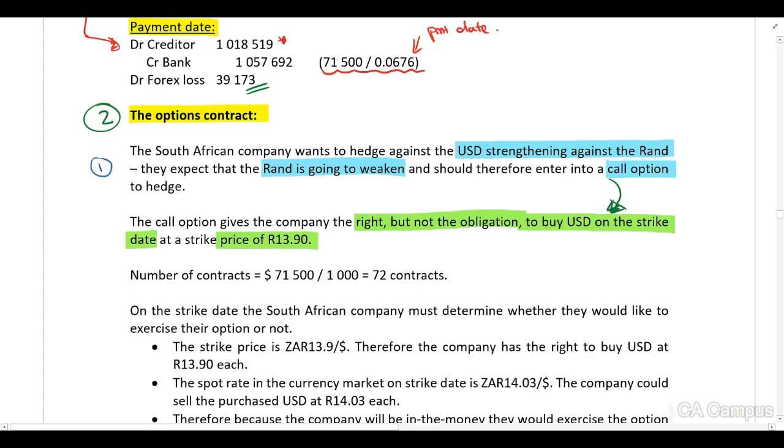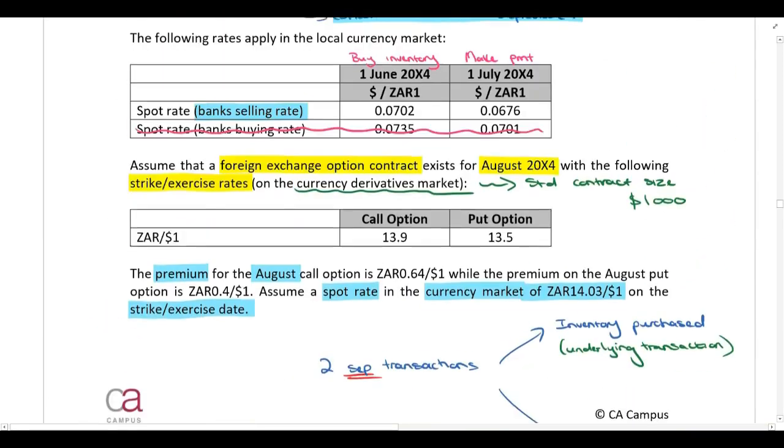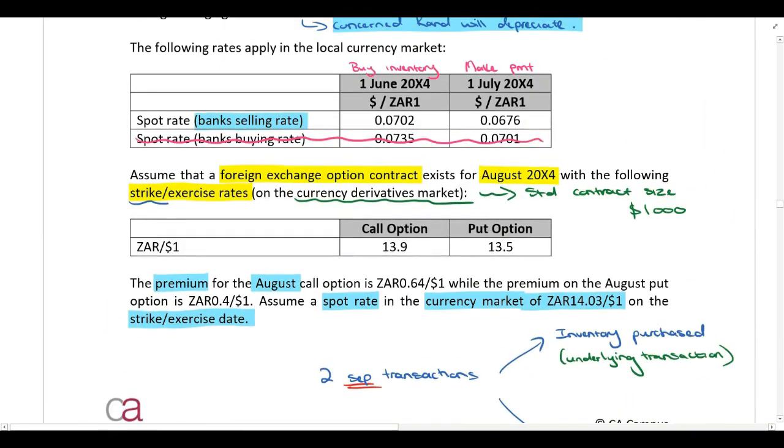So where am I getting this information from over here? We were given the different strike or exercise rights depending on whether it's a call or a put option. So we said because the Rand is expected to depreciate, we are looking at a call option. So you can ignore all of the information relating to a put option. So what the call option does is it gives the holder of that option the right, but not the obligation, to buy currency at this price.